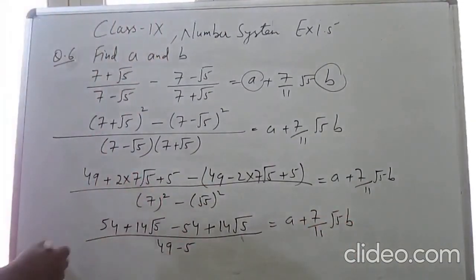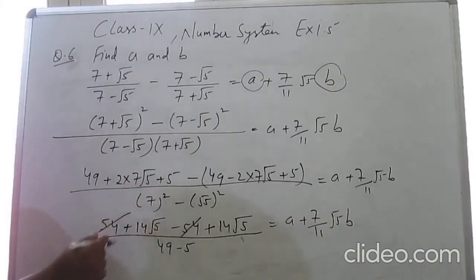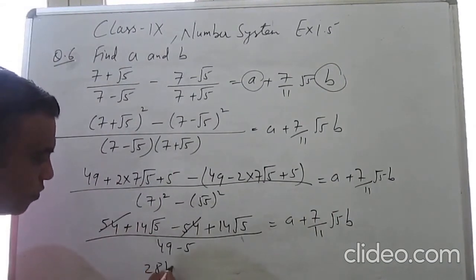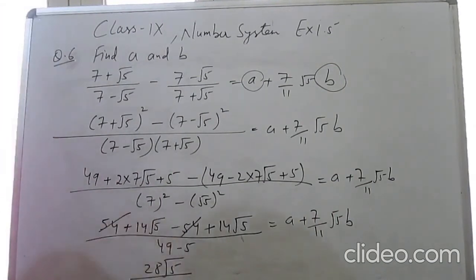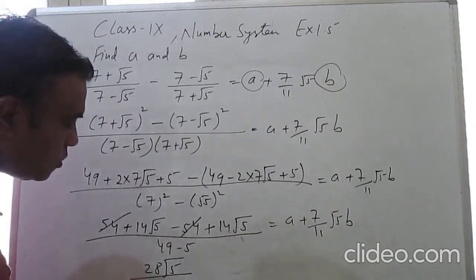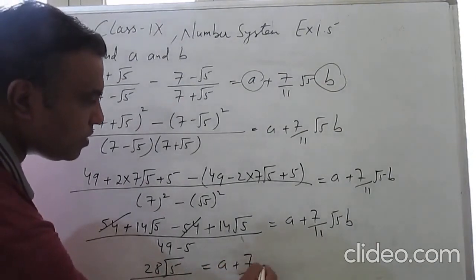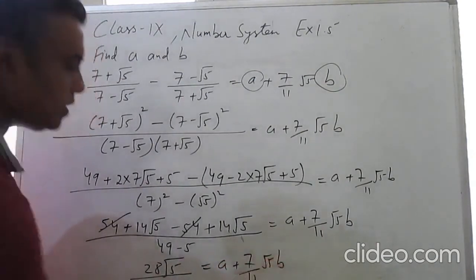Now 54 cancels out, and 14 plus 14 is 28 root 5 upon 49 minus 5 is 44, equal to a plus 7 upon 11 root 5 b.